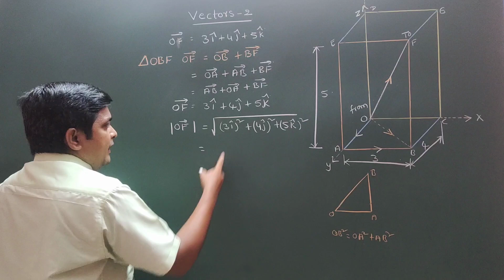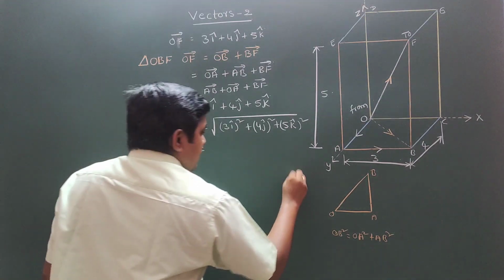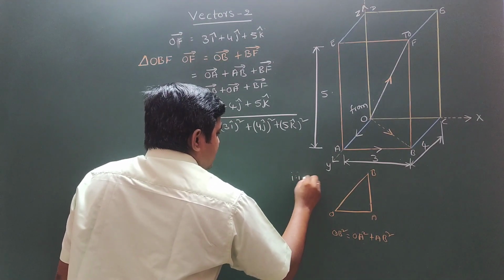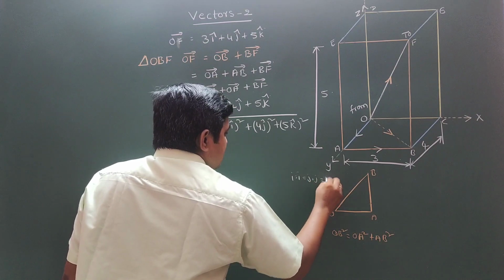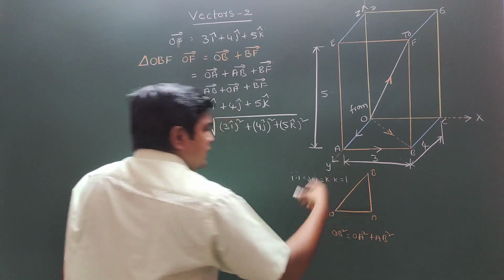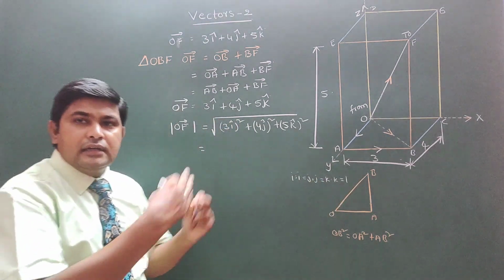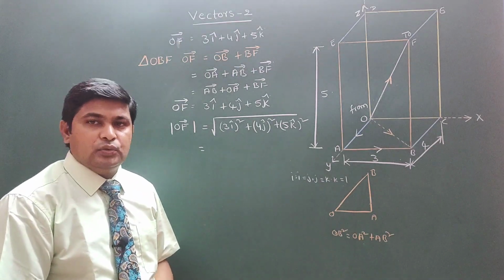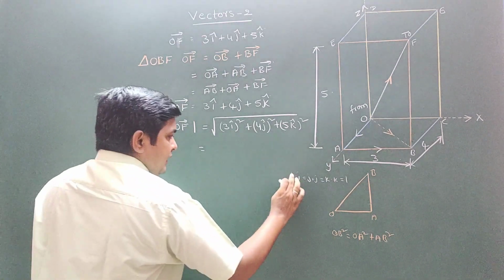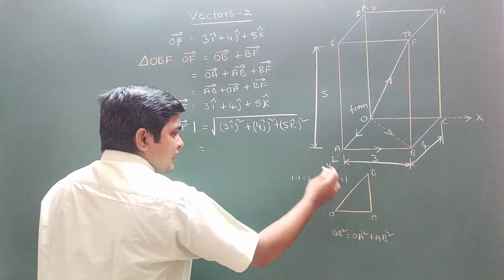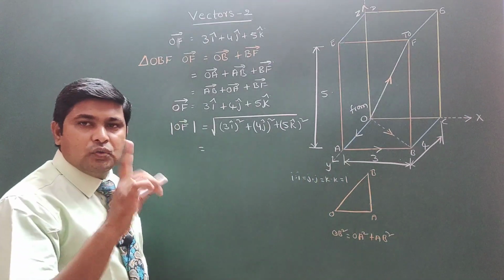Now what are you going to get? i square, i dot i equals j dot j equals k dot k equals 1. What that means, we will do in the product discussion. But remember simply that i square, j square, k square give us magnitude only 1.